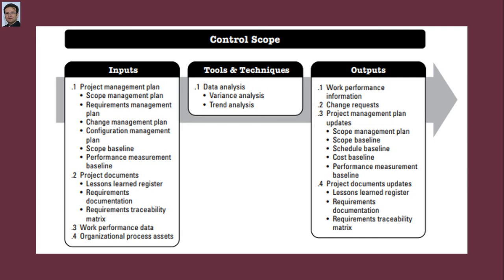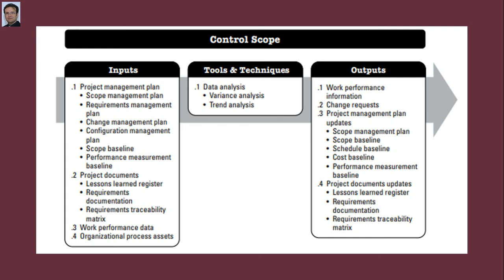You need the configuration management plan, which defines those items that are configurable, those items that require formal change control, and the process for controlling changes to such items. You need a scope baseline, same as validate scope, which contains 3 documents: scope statement, work breakdown structure and work breakdown structure dictionary.